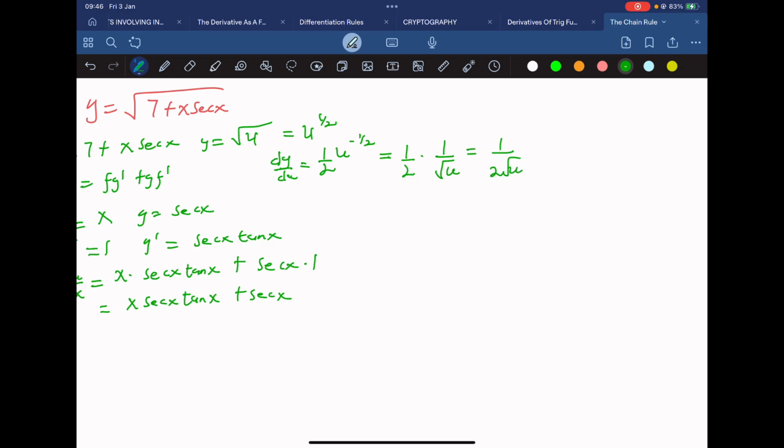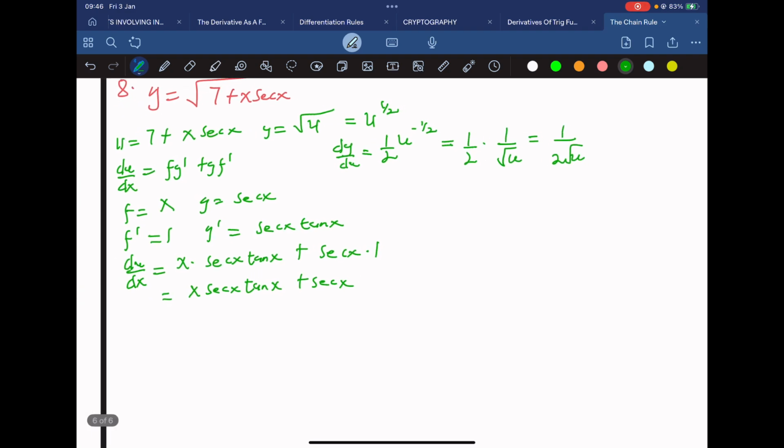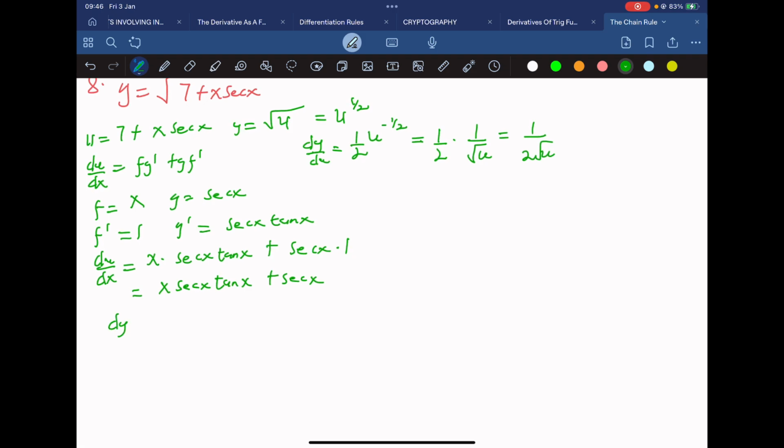So in that case, we can have our dy/dx to be dy/du multiplying du/dx, which is basically dy/du is 1 over 2 root u. Du/dx, we had x secant of x tangent of x plus secant of x.